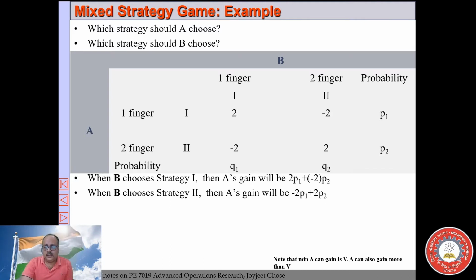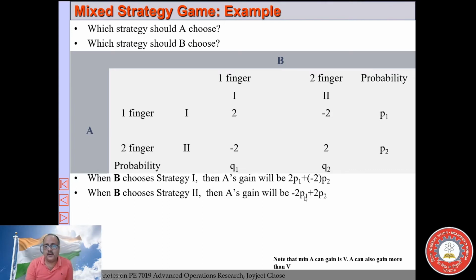Now there is a very important concept here. You should understand that there exists a value of the game. A is a maximin player. That means A tries to maximize his minimum gain, and his minimum gain will lie at the intersection of these two equations.